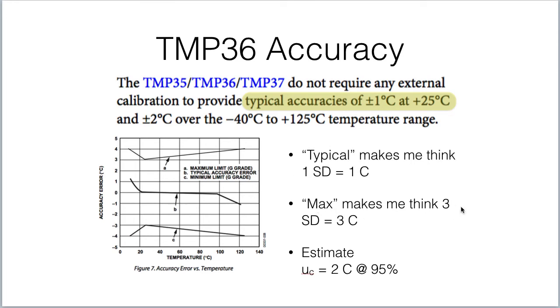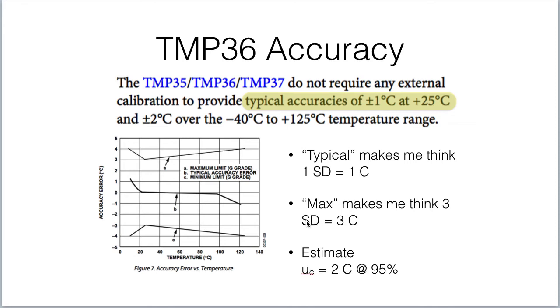The maximum error, which I got from this graph on the data sheet, looks like plus or minus 3 or even more degrees Celsius as we go up. So we're looking at a variation there that, being a maximum, makes me think this is 3 standard deviations, 99%. All the time we're going to be within that 3 degrees Celsius range.